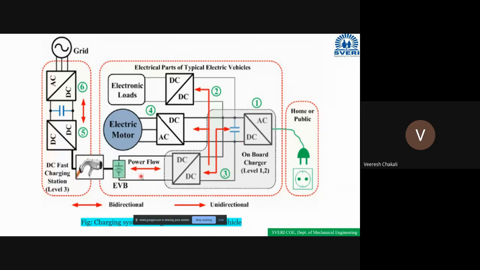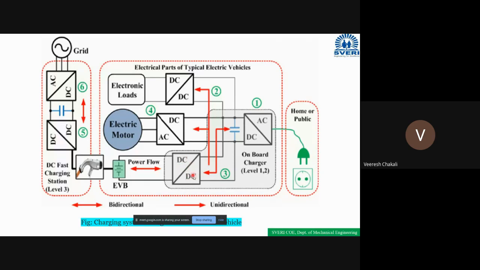Next, when the battery is fully charged, or whenever we would like to take energy from the battery, the battery acts as a supply now. The converter now acts as a chopper, a DC to DC converter.